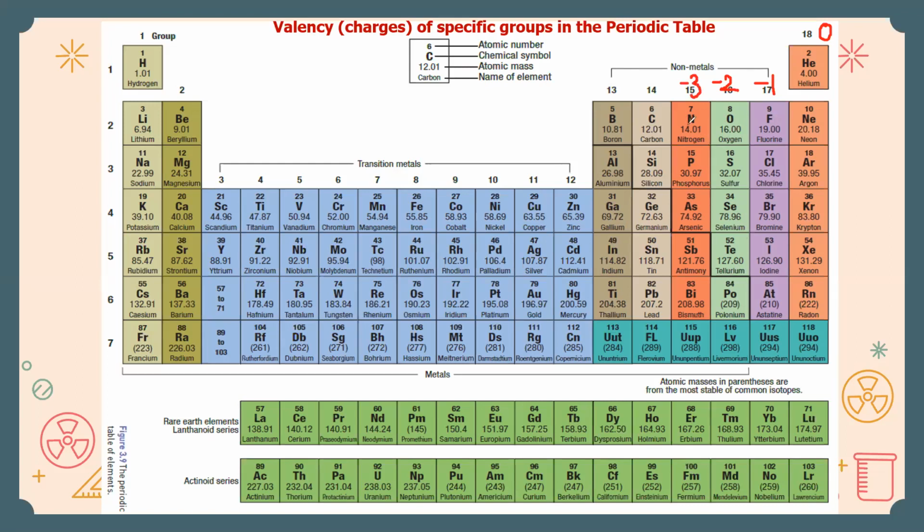So all this means, guys, is that these elements gain 3 electrons from a metal in most cases to make an anion with a -3 charge. Okay, this one means that they gain 2 electrons to make an anion with a -2 charge, and this means that they gain 1 electron to make an anion with a -1 charge. Okay, so that's the basic idea, guys.